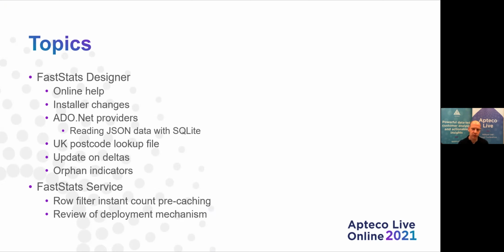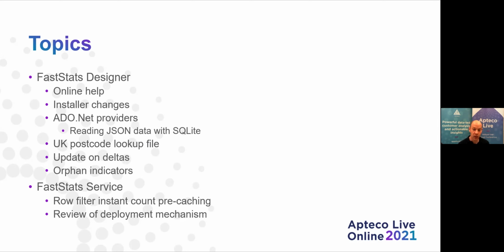So I'm going to be going through changes we made to Designer, things such as the online help, the changes we made to the installer. I'm going to go through an example of loading JSON data using one of the ADO.NET providers, SQLite. I'm going to talk about a little known bit of data that we keep within FastStats, which is our postcode lookup file.